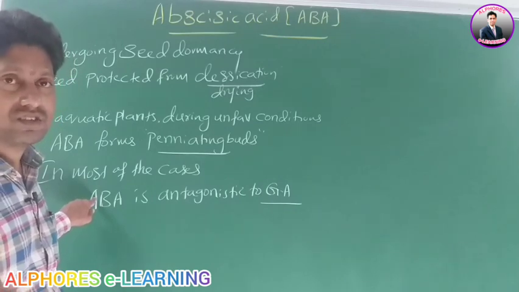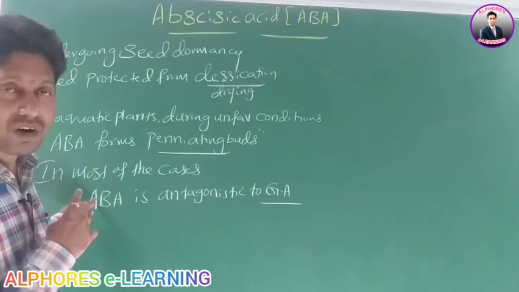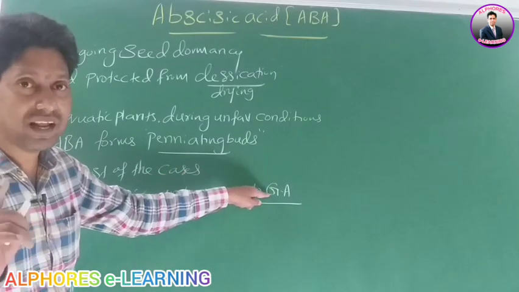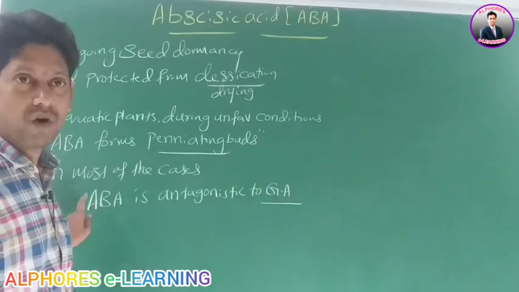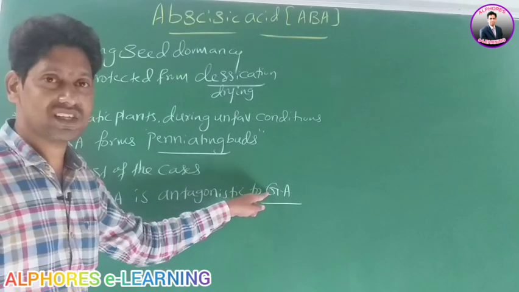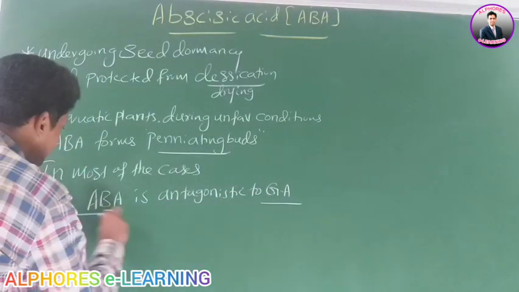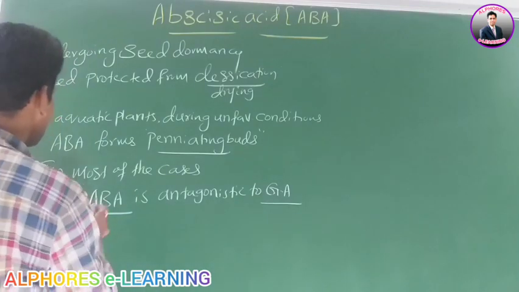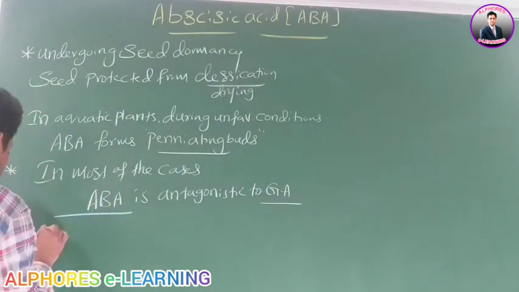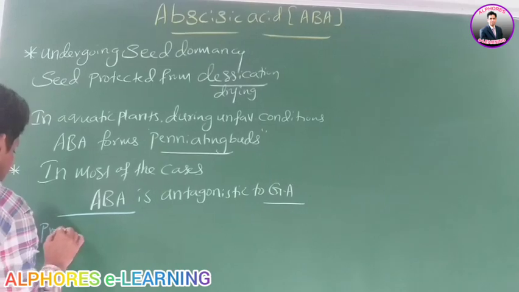Abscisic acid is preventing seed germination. It helps in seed dormancy. It promotes seed dormancy, whereas gibberellic acid breaks seed dormancy. Promotes seed dormancy, breaks seed dormancy. Is this statement okay? Abscisic acid promotes what, sir?